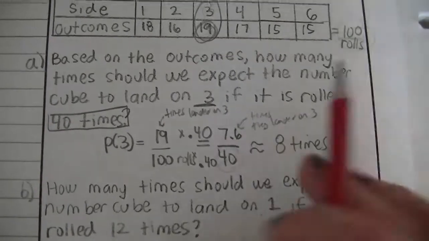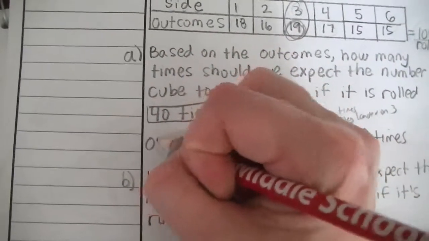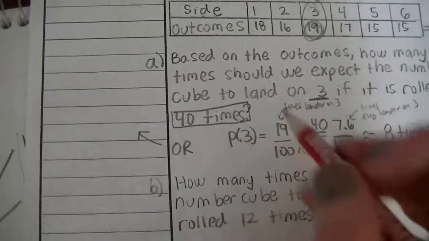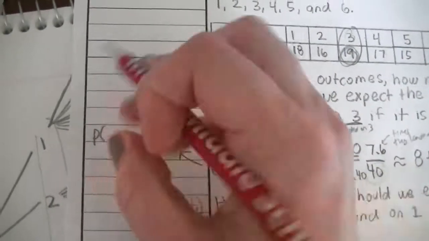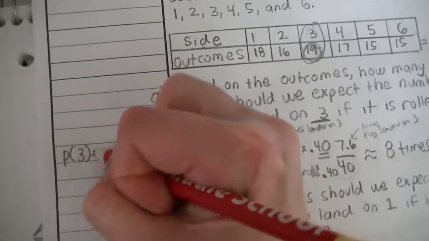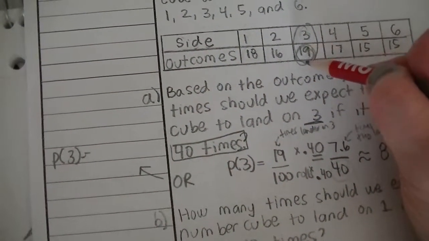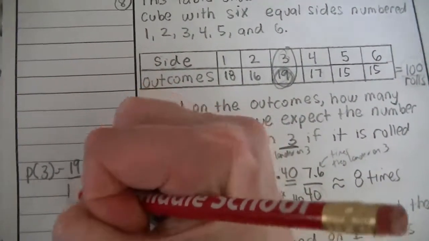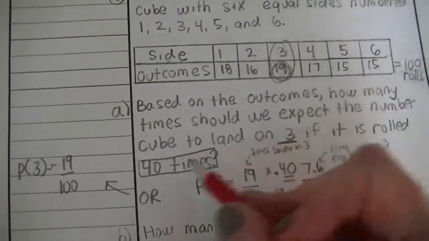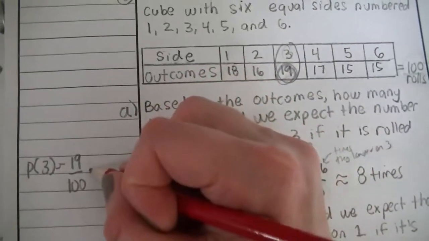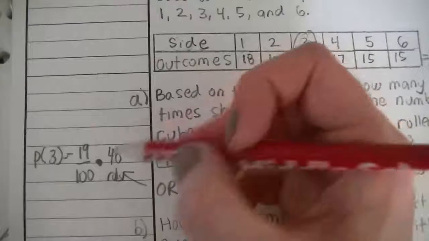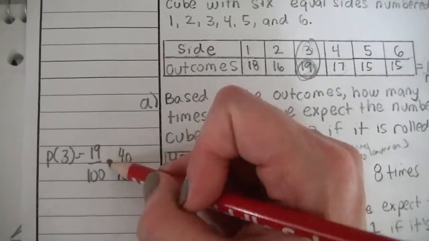Now another way you can do this is this way. What was the probability of landing on 3? Well, how many times did they land on 3? They landed on it 19 times out of the 100. And how many times are we going to roll it? Oh, 40 times. So you go 19 times 40.